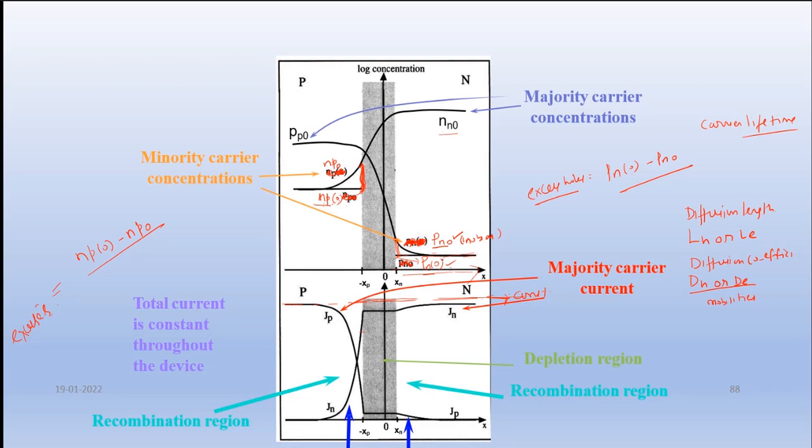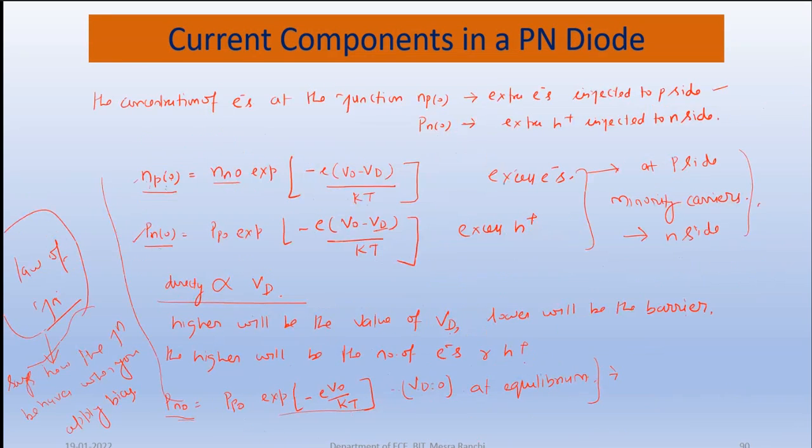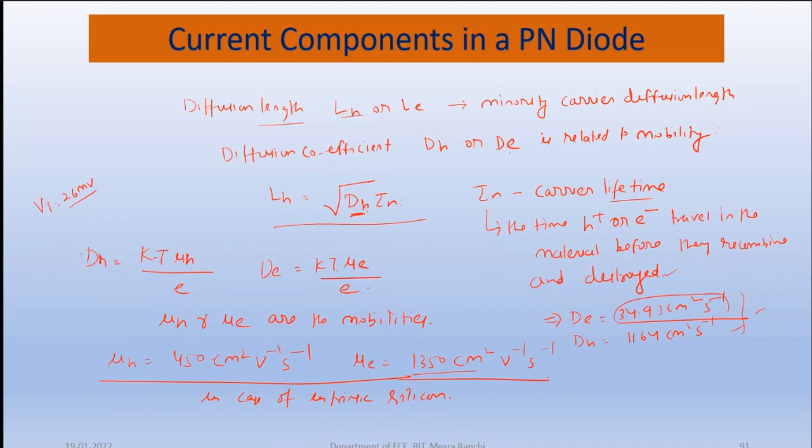So now the question is how long these charge carriers can survive in this region, right? To see that, we need to define a diffusion length, that is, how long they can be there.